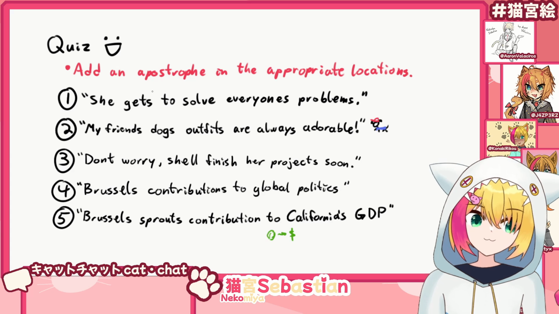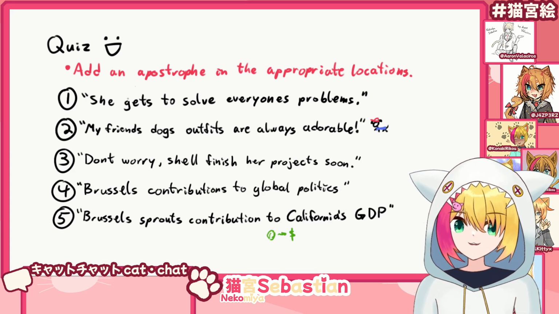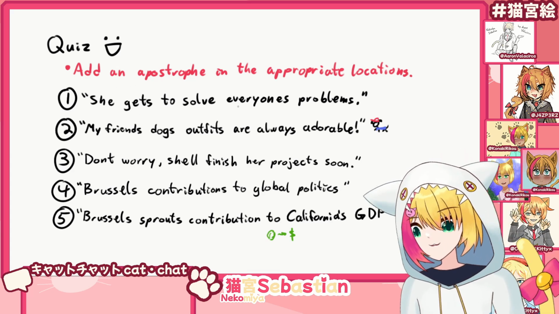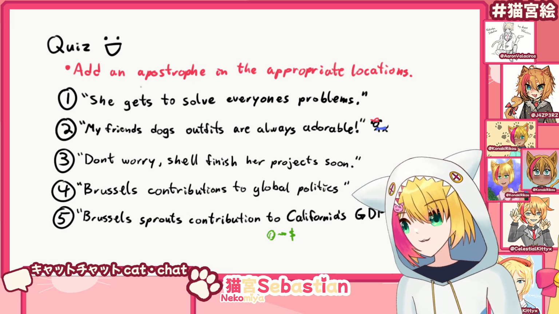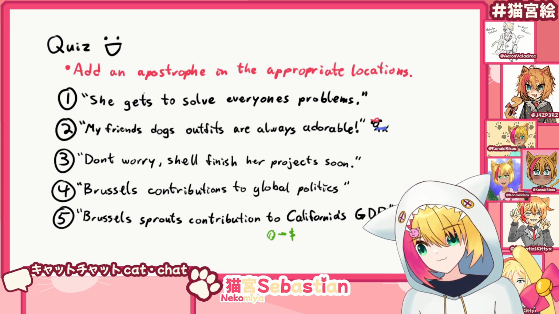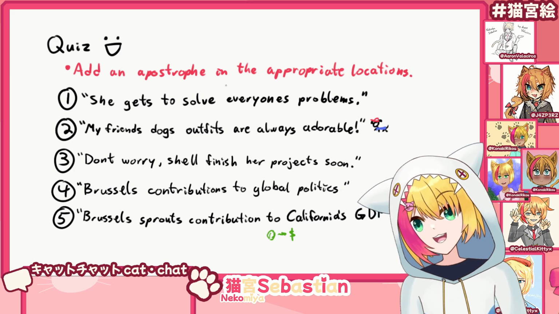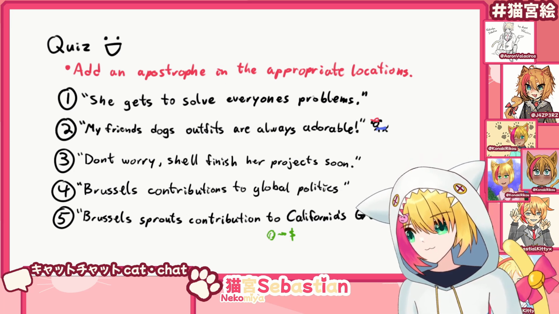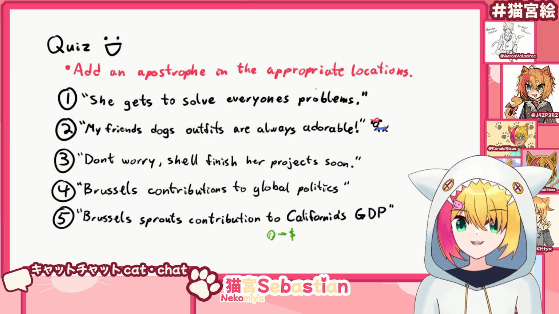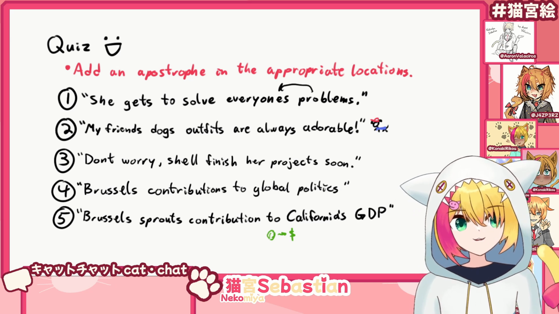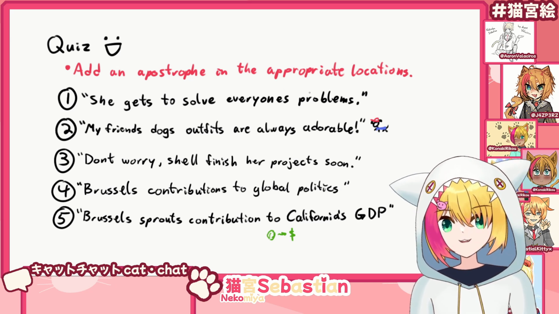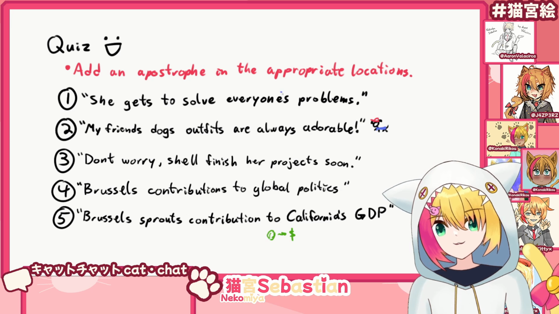So let's solve these. "She gets to solve everyone's problems." Good for her. Gets, that's a conjugated verb, no apostrophe. Everyone's problems, this is what we have to change here. So whose problems are they? They are the problems of everyone. So the apostrophe goes here.